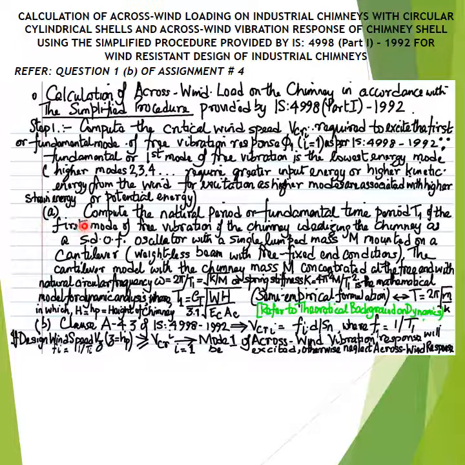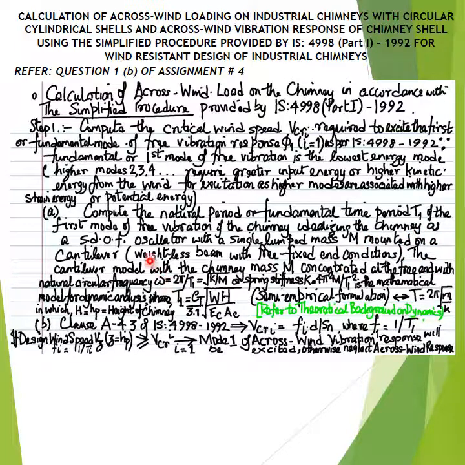That is, first task A is to compute the natural period or the fundamental time period T1 of the first mode of free vibration response of the chimney, idealizing the chimney as a single degree of freedom oscillator with a single lumped mass, say denoted as capital M, mounted on a weightless cantilever beam with fixed end conditions.